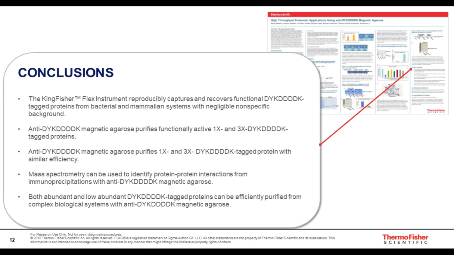Mass spectrometry can be used to identify protein-protein interactions from immunoprecipitations and co-immunoprecipitations with anti-flag magnetic agarose. And lastly, both abundant and low abundant flag-tagged proteins, ranging from nanogram up to milligram quantities, can be efficiently purified from complex biological systems with Pierce anti-flag magnetic agarose.